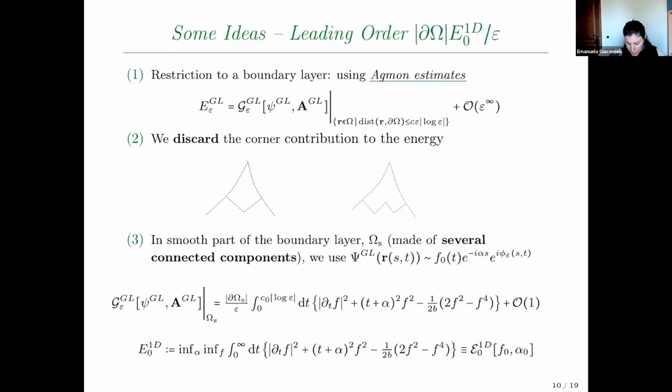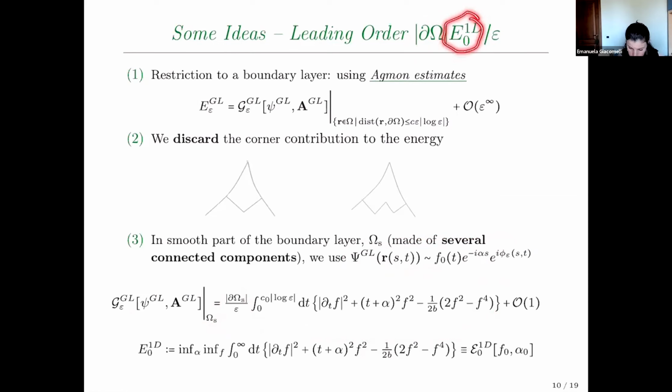And then what I want to say at the end is that if you then write psi GL in this way here, and you evaluate your Ginzburg-Landau functional just in the smooth part of the domain, then what you get is that this s coordinate just plays the role of making this quantity appear, which is, if you look at the leading order, exactly what you want, at least in the smooth part of the domain, times this one-dimensional functional, which is actually the effective one-dimensional functional which describes our energy.